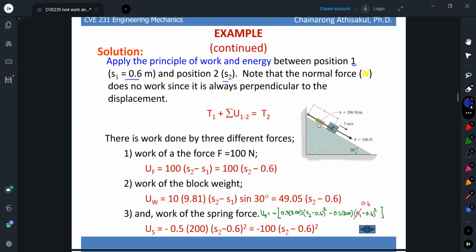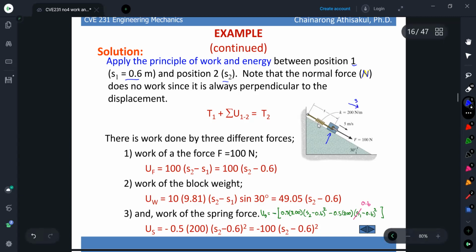We know that the normal force N, along this direction, does no work since it's always perpendicular to the displacement. The displacement for this case goes down.